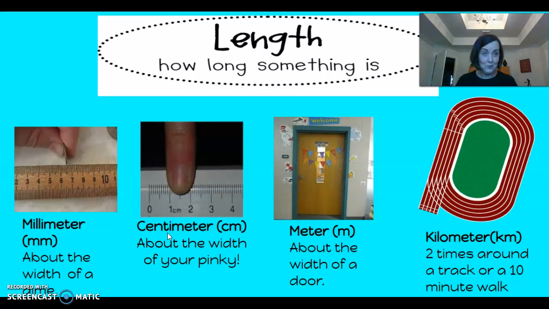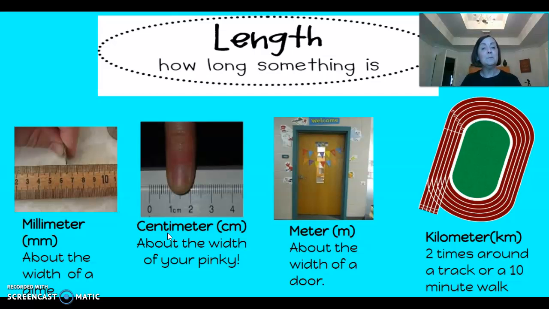A meter is the next unit of measurement, and it's larger. So we would use meters to measure things that are longer. I wouldn't want to use millimeters or centimeters to measure my height. I would probably use, well, maybe centimeters.